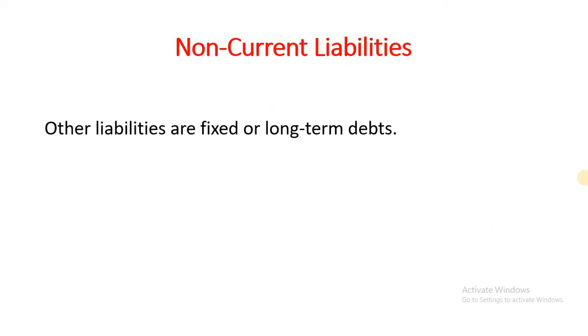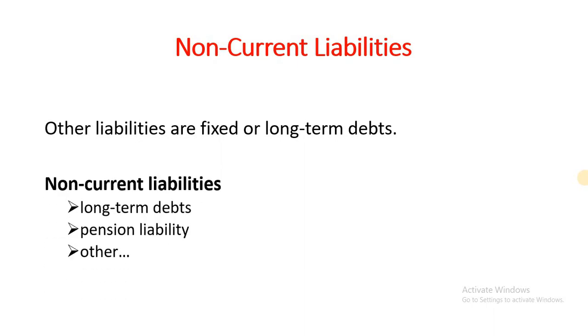Now, let's look at non-current liabilities. Liabilities which are needed to be paid over a long term are non-current liabilities. For example, bonds issued by the firms are long-term debt or non-current liabilities for the firm.